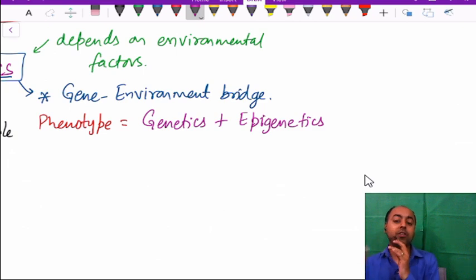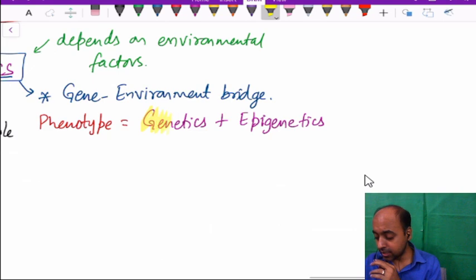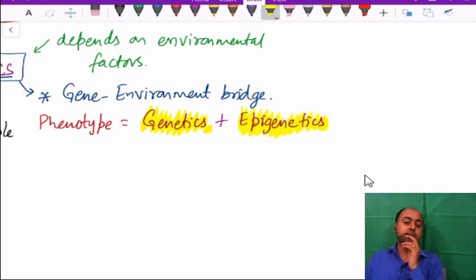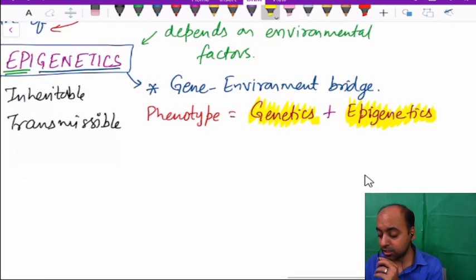So the final phenotype that we see depends on both factors, the genetics and the epigenetics. This is the part that you need to remember. The phenotype of a person depends on the genetics as well as epigenetics. Epigenetics itself depends on the environment. So this represents the gene environment interaction, or the gene environment bridge. That is what epigenetics is.